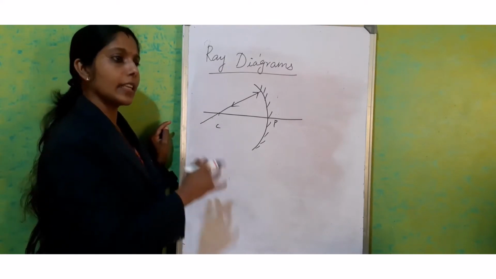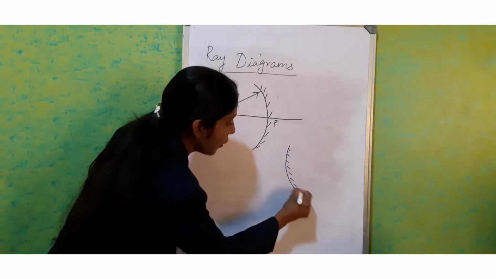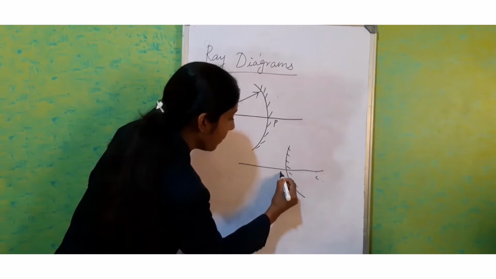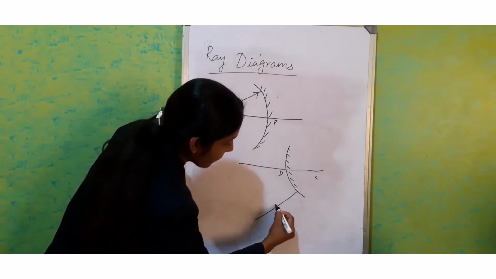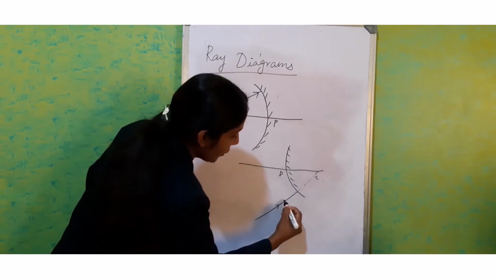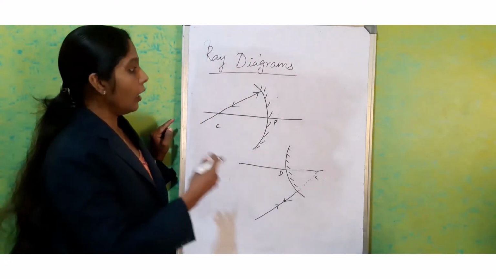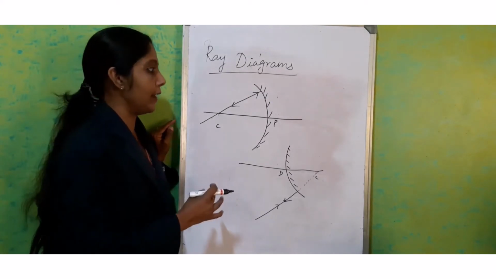As in the case of convex mirrors, consider this as the center of curvature. Just consider a ray striking over here; if we extend it, it will pass through the center of curvature. So this ray will reflect back along the same path. This is our first condition, a ray passing through the center of curvature.